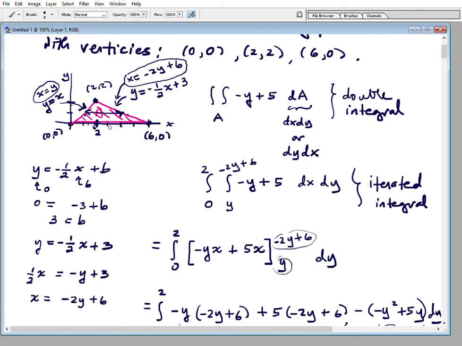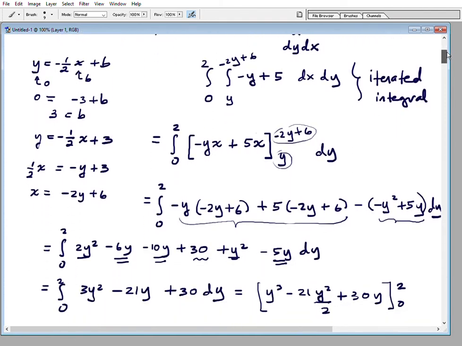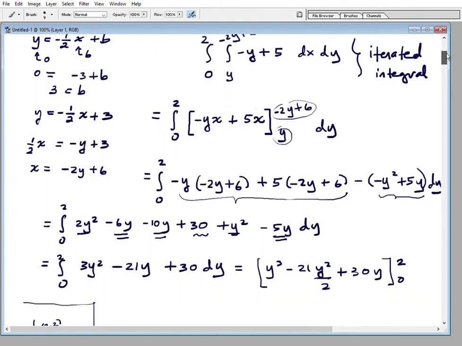So y goes from the lowest y value in this triangle, 0, up to the highest y value, which is 2. So it goes from 0 to 2. Is that clear? Any questions about how we got those limits?